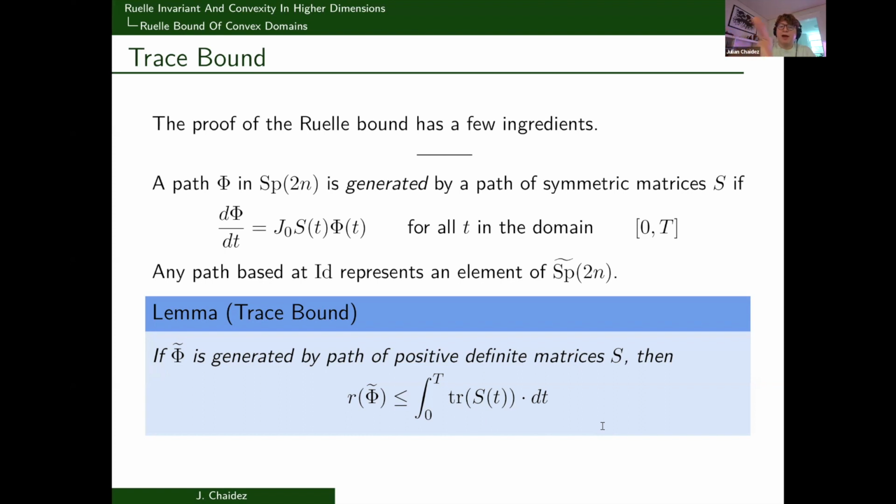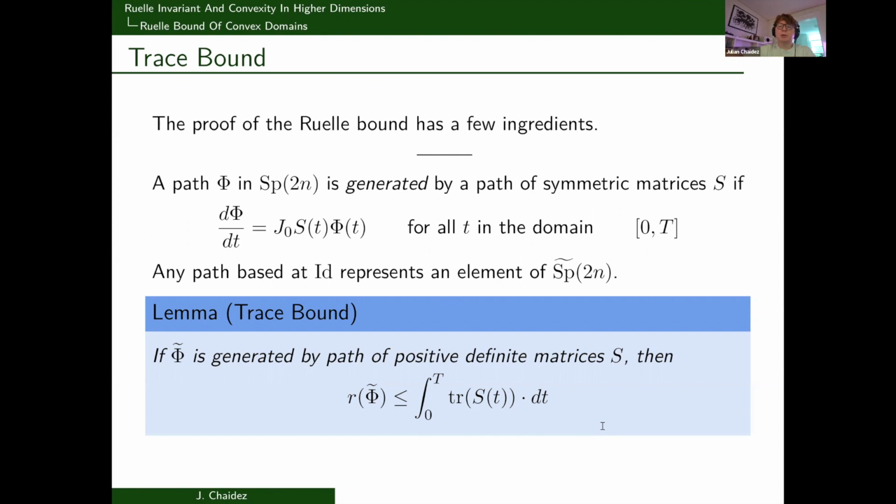And if I have an element of the universal cover phi tilde that is represented by a path which is generated by positive definite matrices, let's say S, then I can upper bound the rotation number of that element of the universal cover by the integral of the trace of those matrices S. And there might actually be a constant factor missing here, but there's an upper bound up to maybe a constant multiplicative factor that I might be missing.